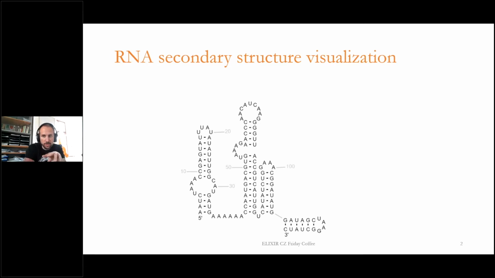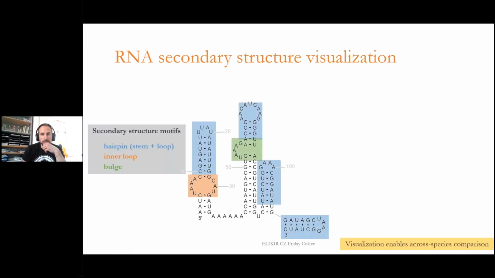Specific combinations of the base pairs and unpaired nucleotides form so-called secondary structure motifs, such as hairpins consisting of stems and loops, inner loops, bulges, and so on. So these are the most common ones.